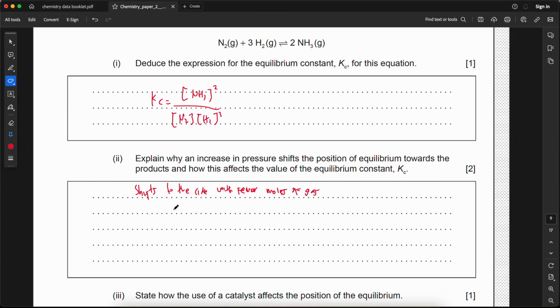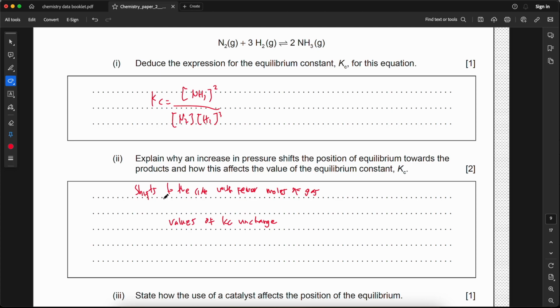Increasing the pressure will not change the value of Kc. The value of Kc is unchanged because when you make changes to an equilibrium reaction, it will minimize the change. So the value of Kc will be unchanged.